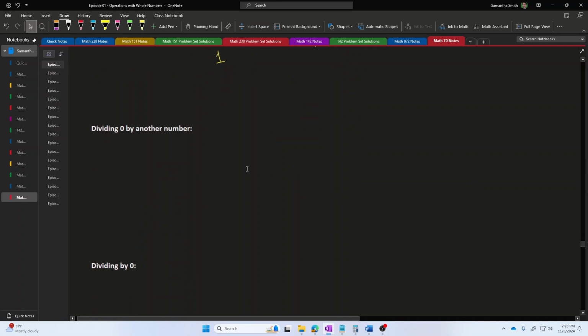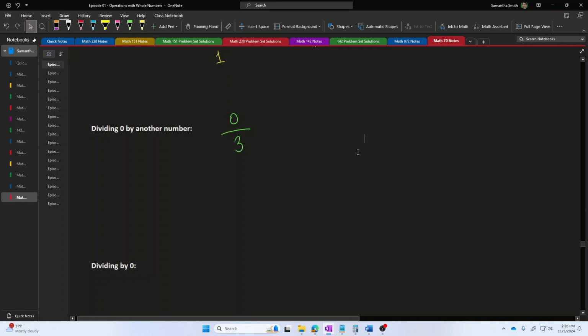Now, another special case. What happens if I have 0 divided by some number? For example, suppose that I have 0 divided by 3. So I have literally no objects at all. And if I want to share no objects fairly in 3 groups, then no one is getting anything at all, right? I didn't have anything to start with.